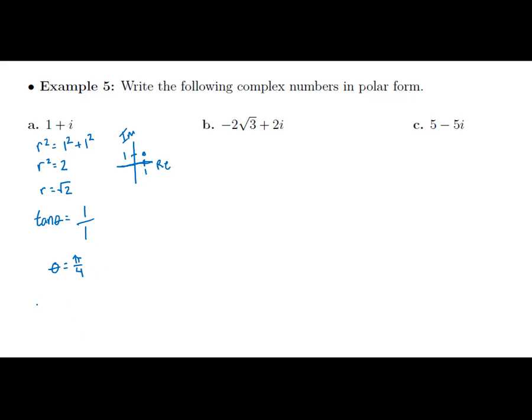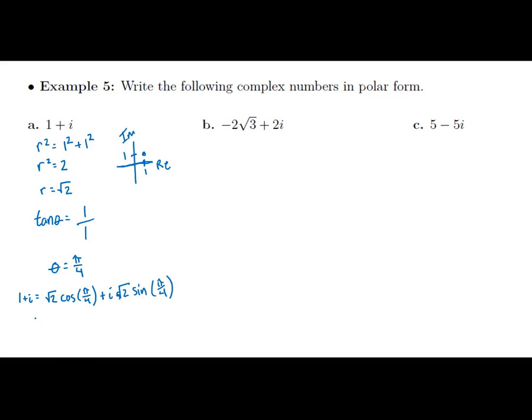So if I was to write it out in polar form, I would say that 1 plus i is equal to root 2 cosine of theta, which is pi over 4, plus i square root of 2 sine of pi over 4.